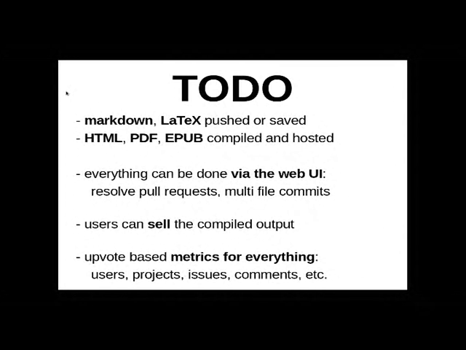Features which we intend to implement on top of GitLab. Whenever users push or save Markdown or LaTeX input, they will get HTML, PDF, and EPUB output compiled and hosted for them.